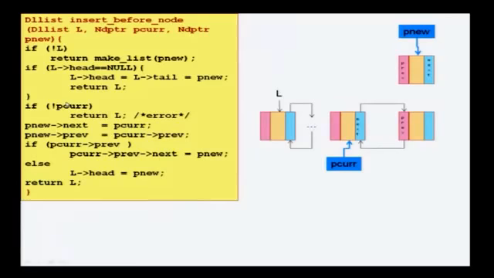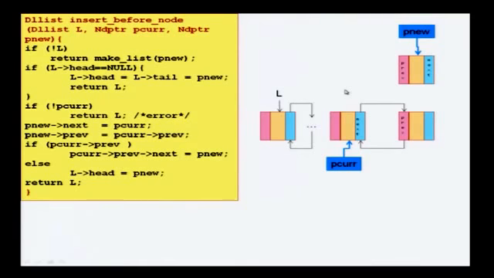Now, you come to the non-trivial case. Suppose there is a list and the list has some elements. Sorry, if P current equal to null, then you return the L. This is an error. If P current is not equal to null, then you do the following. Now you have to insert P new into the list. So, how do you do this? We are trying to insert P new before P current, right.